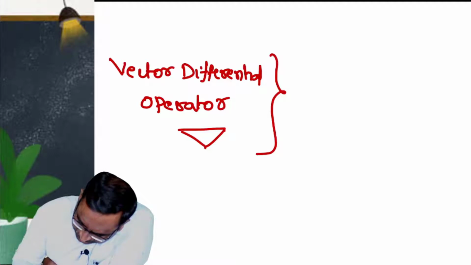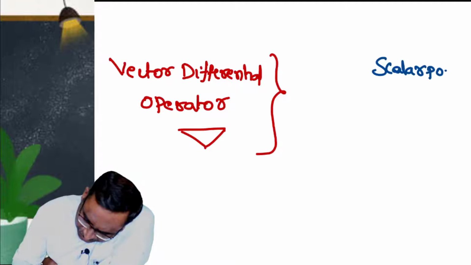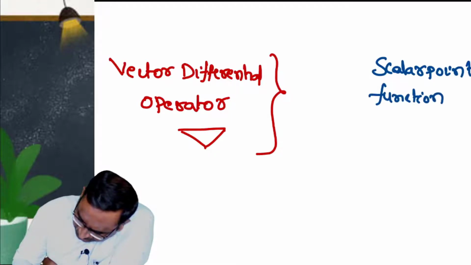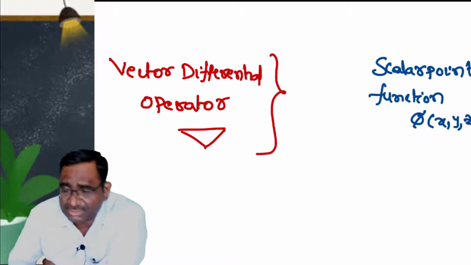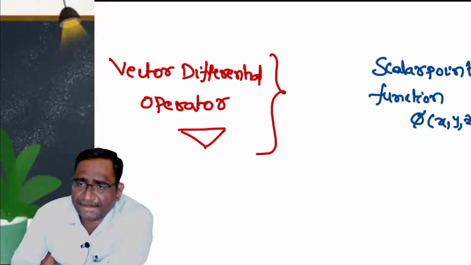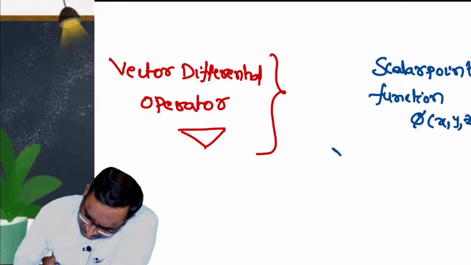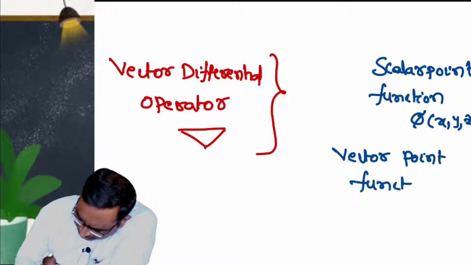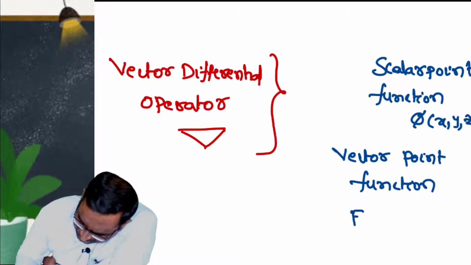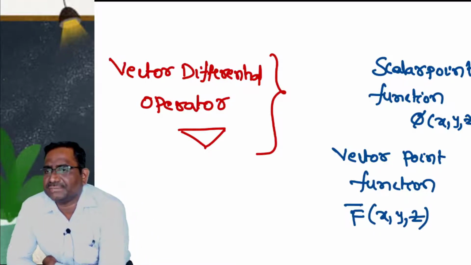One is a scalar point function, generally denoted by phi of x, y, z because we are dealing in a space, and another one is a vector point function. Generally, we take it as f bar of x, y, z.